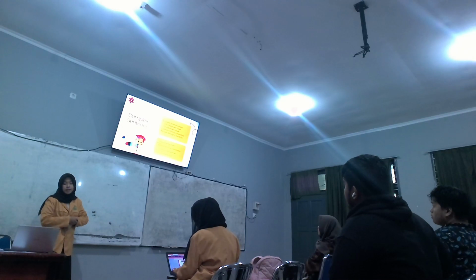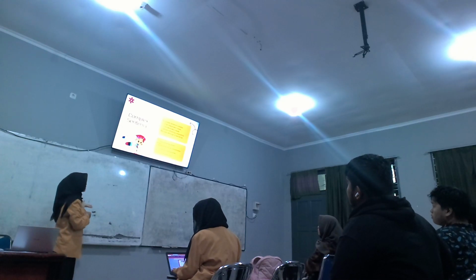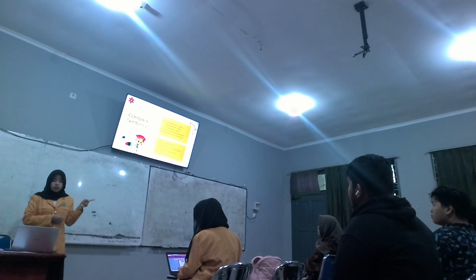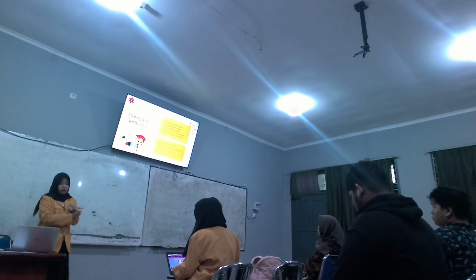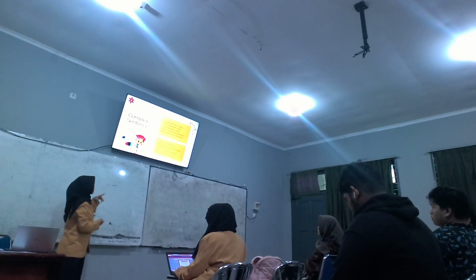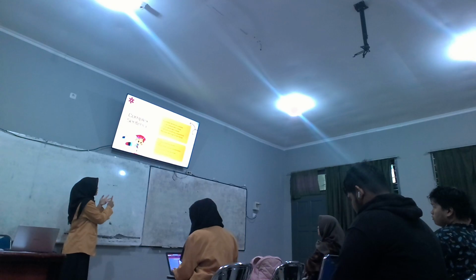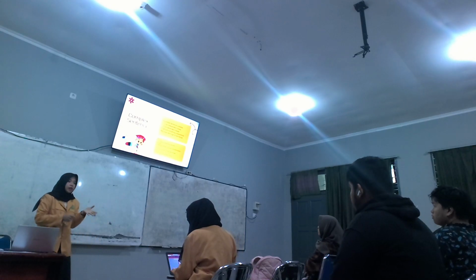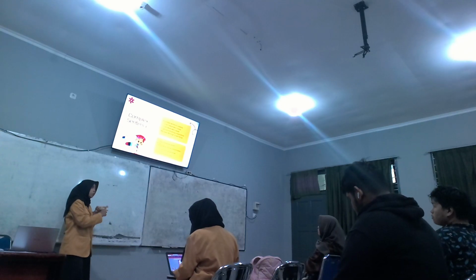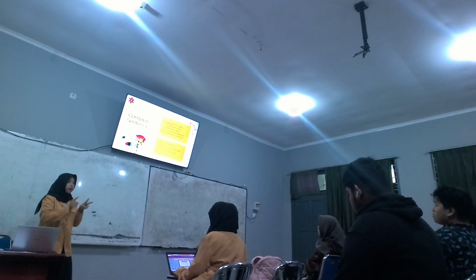Next is the complex sentence. A complex sentence contains one independent clause and one dependent clause. It uses subordinating conjunctions such as because, although, if, and since. It's different from the compound sentence. In a compound sentence, we combine two simple sentences using FANBOYS in the middle.